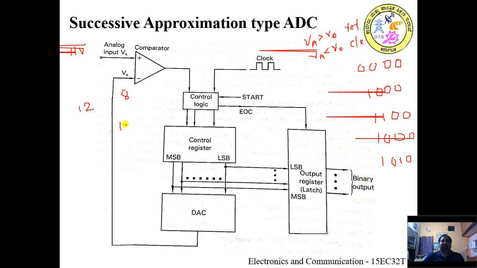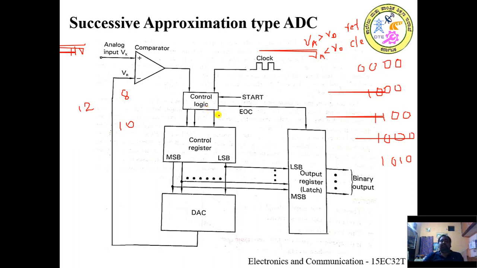Now again 11 is compared with 10. Now VA value becomes greater than VD again. Since VA value becomes greater than VD, the bit that was set previously would be retained. It won't be cleared, so 1010 remains till the conversion is completed.